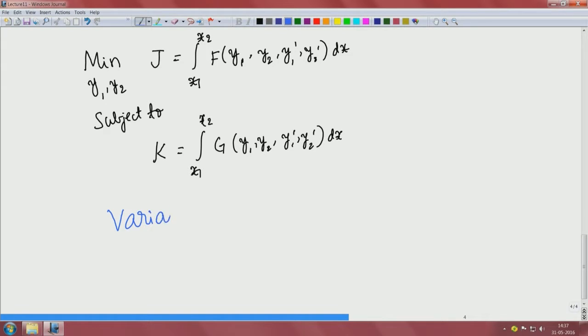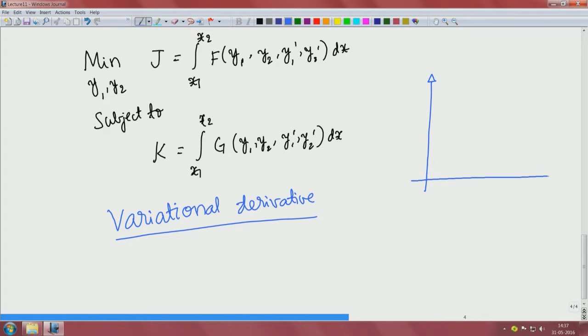This is something that we had discussed, I think in lecture 8, the variational derivative. Okay. What that meant was, if I have a functional like J or K, it does not matter which one, and I have a function y of x, let us say that function looks like this in an interval x1 to x2.